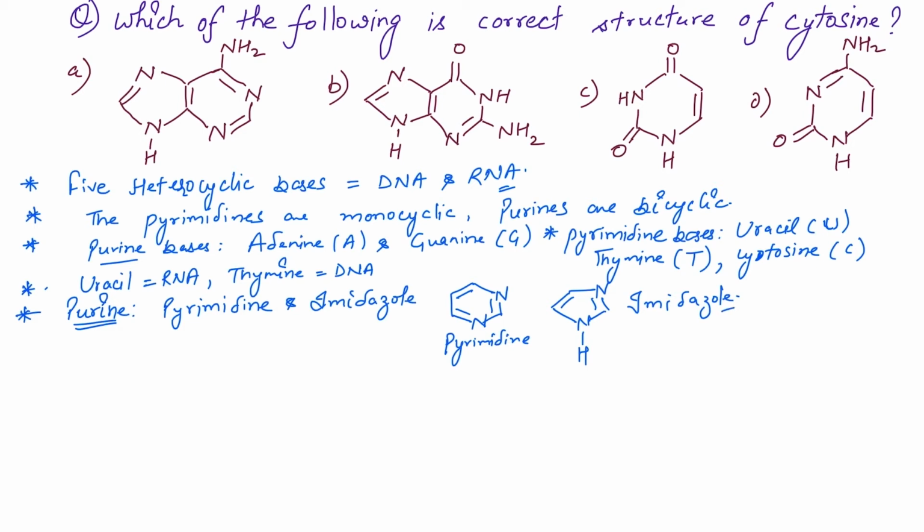So in the case of purine molecule, these two rings, pyrimidine and imidazole, they are fused together. So purine consists of two rings fused together. So let's draw the structure of purine.